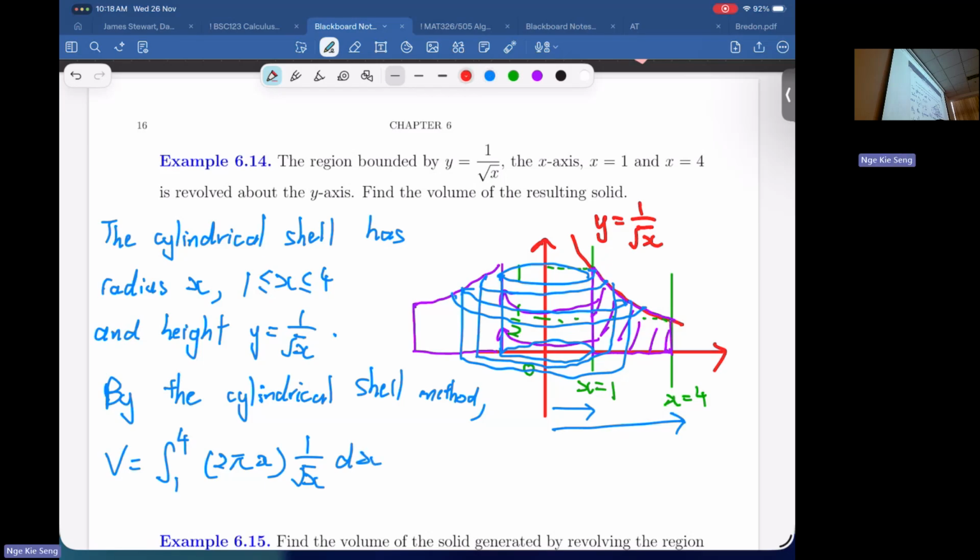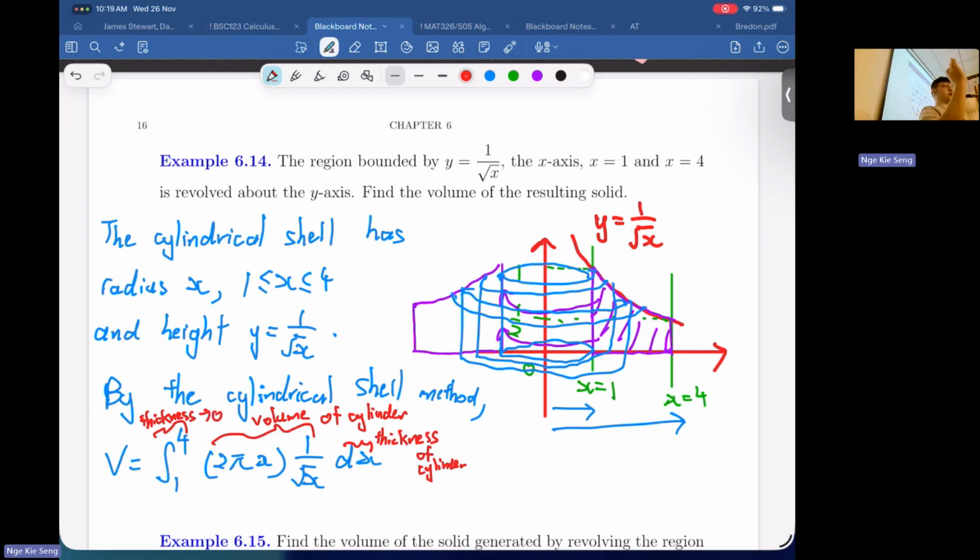Here is the volume of your cylinder, and dx is the thickness of the cylinder. Then in the integration the thickness goes to 0, meaning you take a bunch of cylinders to build it.